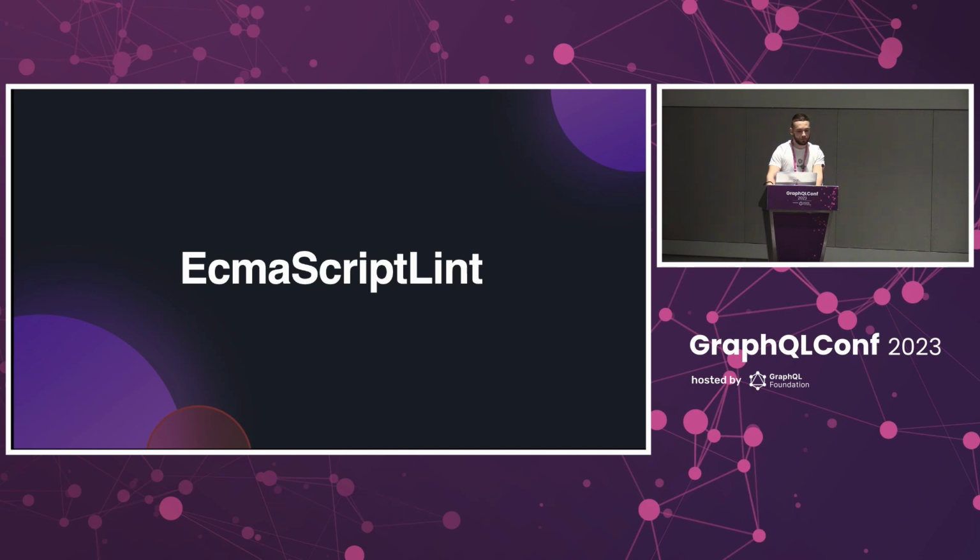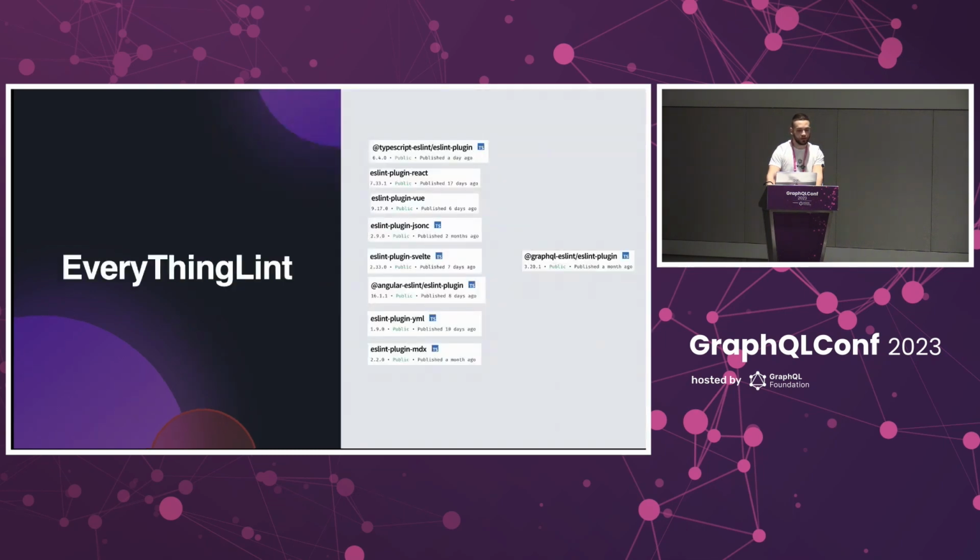Yes, but ESLint is not only an ECMAScript linter, ESLint is an everything linter. So there is a TypeScript linter, an Angular plugin, a React plugin, a JSON plugin for linting JSON files, YAML, Markdown, MDX, and GraphQL ESLint.